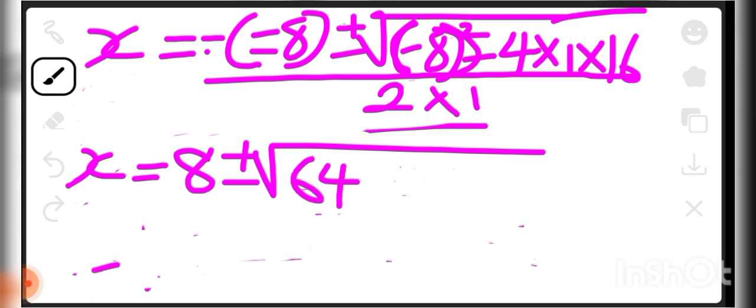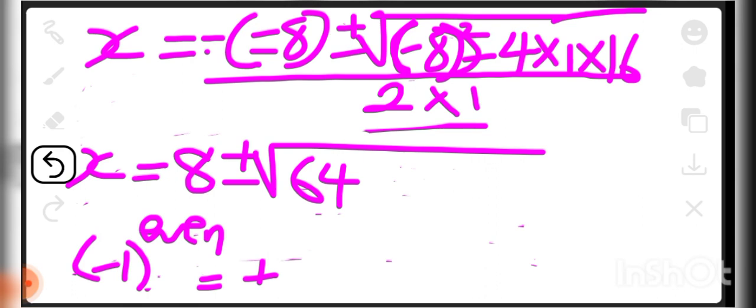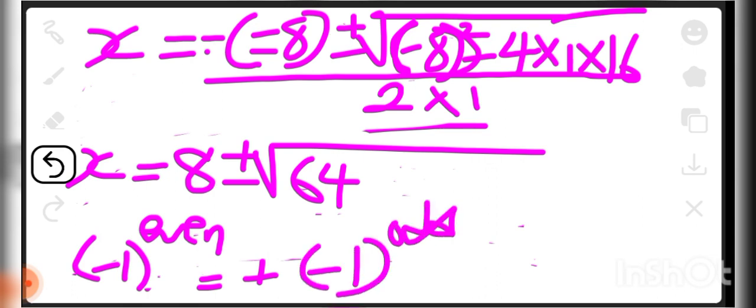If you have a negative number raised to an even power, the answer will become positive. If you have a negative of a number raised to an odd power, the negative will remain. Take note. If the power is odd, the negative will remain. If the power is even, the negative will change to plus. Take note of that. It is very, very important.